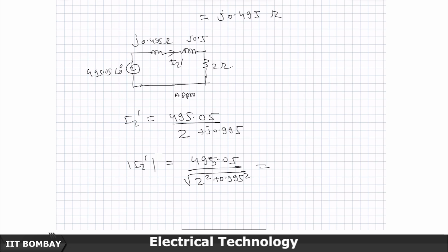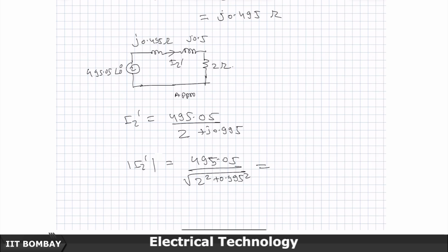Let us calculate this. 2 squared is 4 plus 0.995 squared, so it comes out to be 4.990025, and I should take the square root of it.